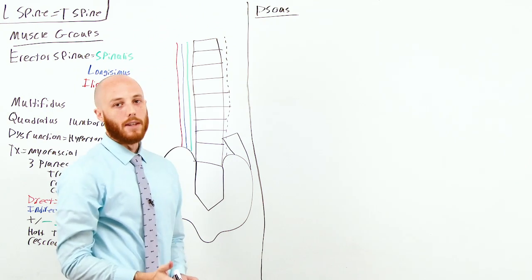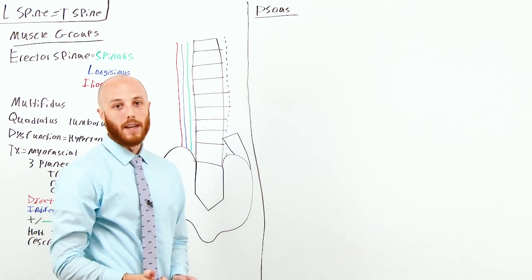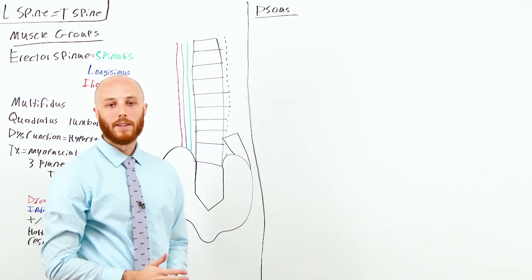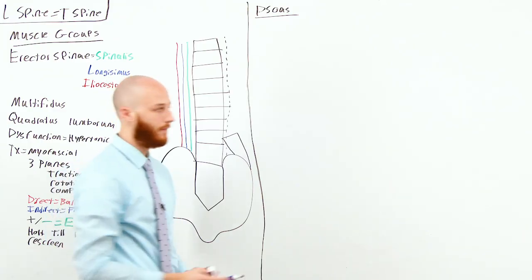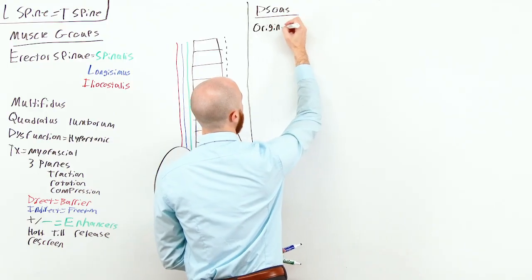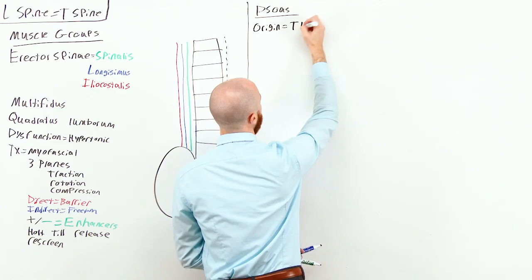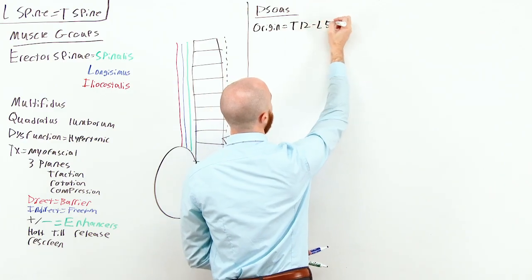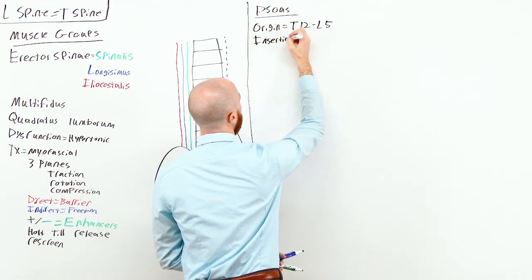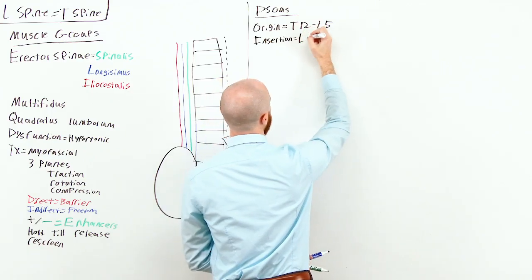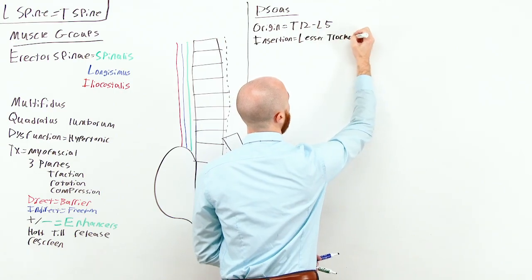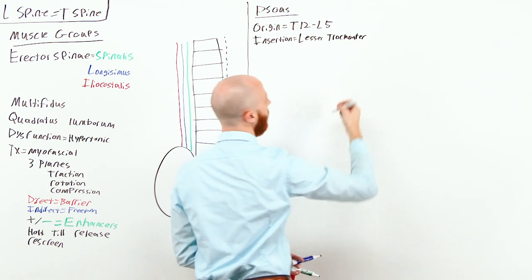An important concept to understand is where the muscle originates and where it inserts. This can give you a lot of information on what the muscle does and how you can best treat it. So the origin of the muscle is T12 to L5, and the insertion is the lesser trochanter of the femur.